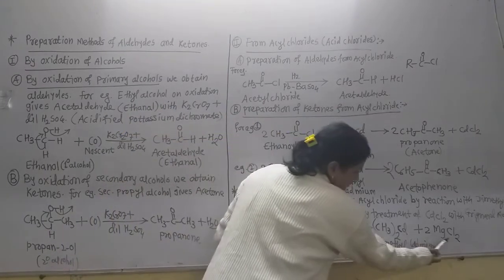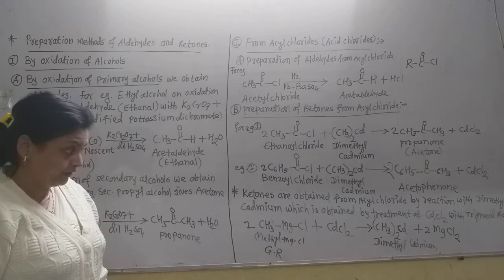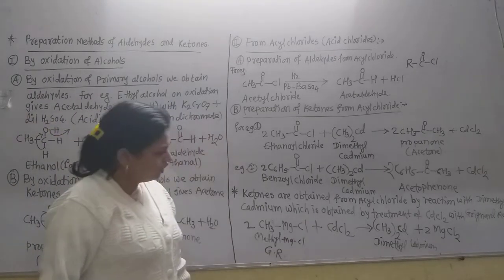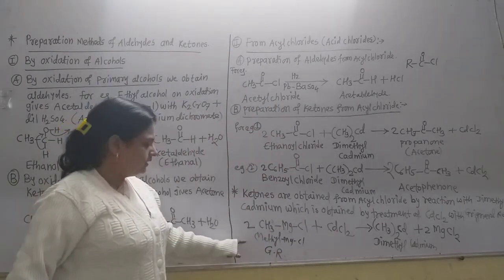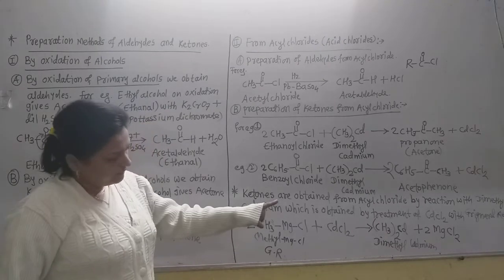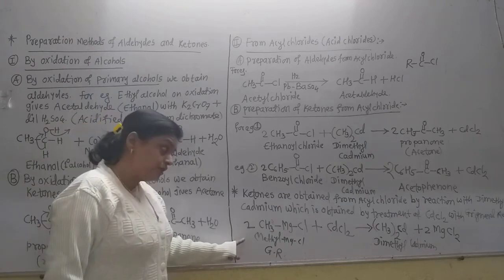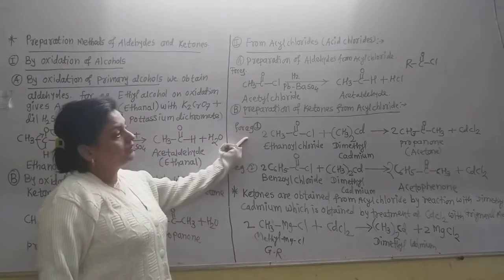Here also chlorine 2 multiplied by 2 is equal to 4. Magnesium is also 2 here. Take only one molecule of cadmium chloride, and we obtain one molecule of dialkyl cadmium; the Grignard reagent must be taken as 2 molecules, and the magnesium chloride, the byproduct, is also 2. This reaction is the first step, and then we obtain the ketone.